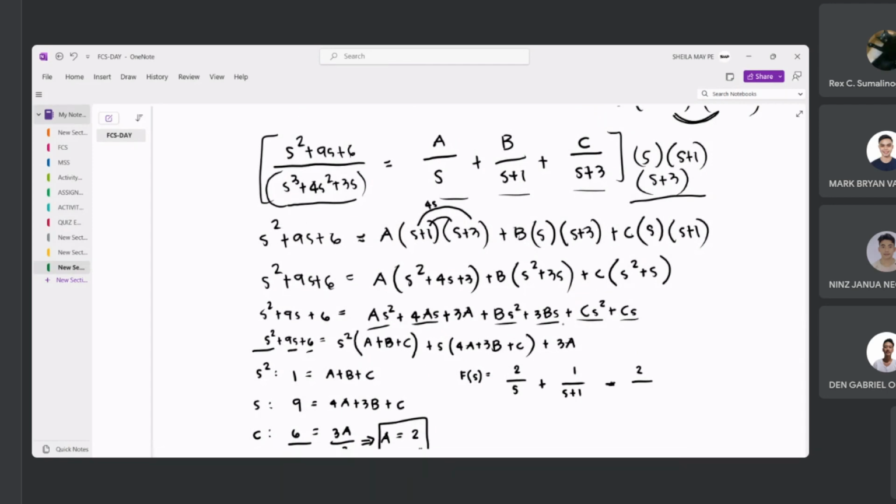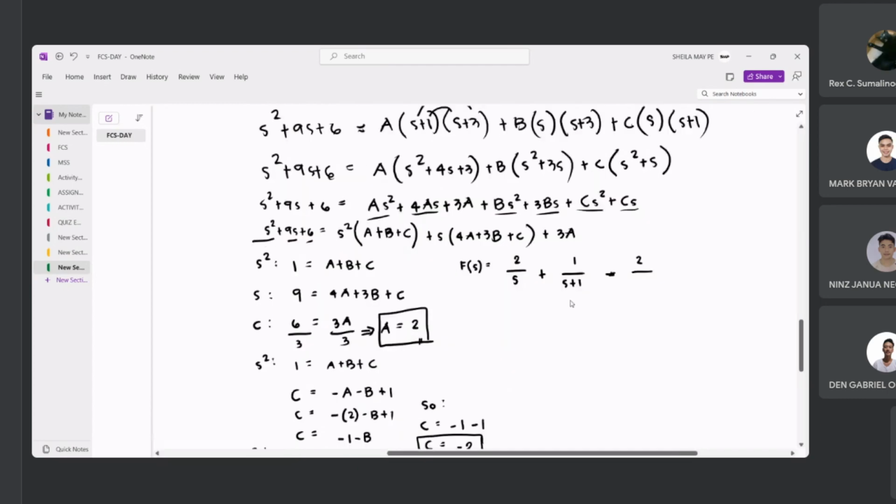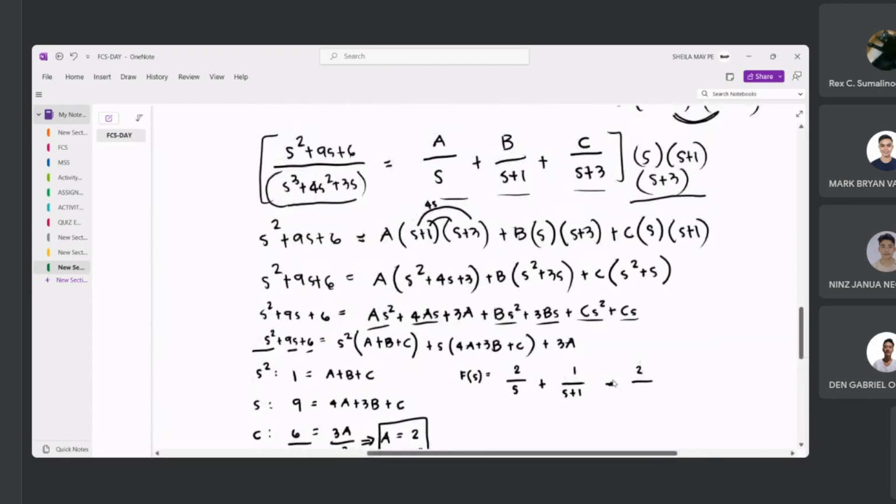And our c is negative 2, if I'm not mistaken. C is negative 2, so it's no longer plus. That's negative already: 2 over s plus 3.